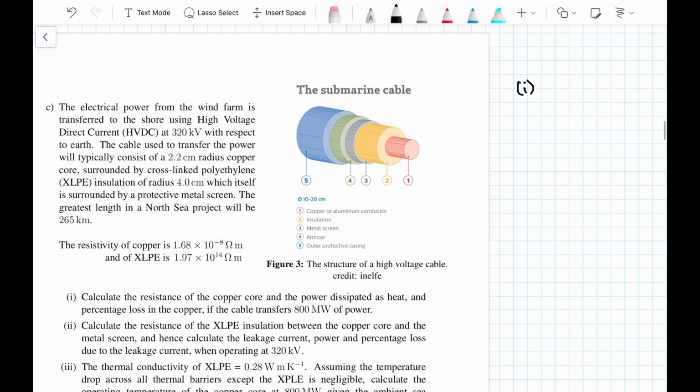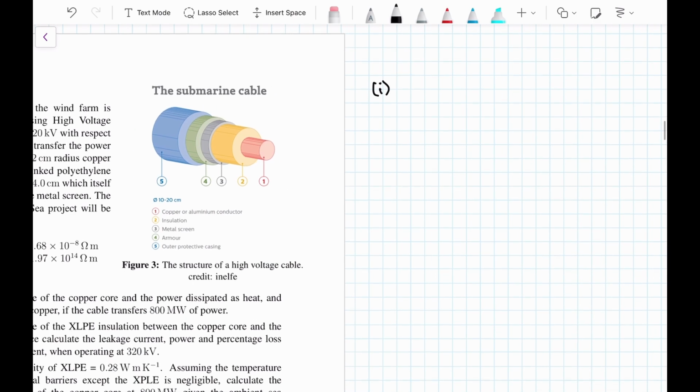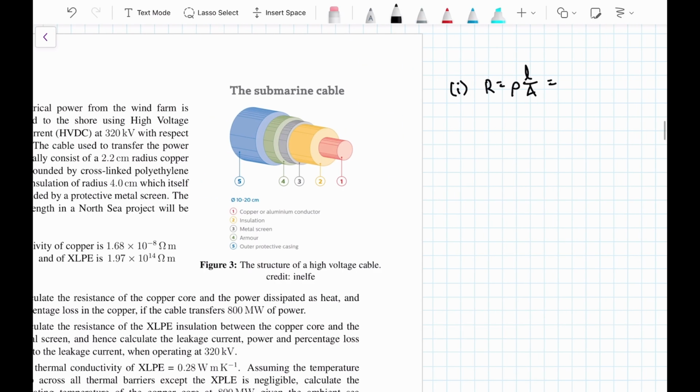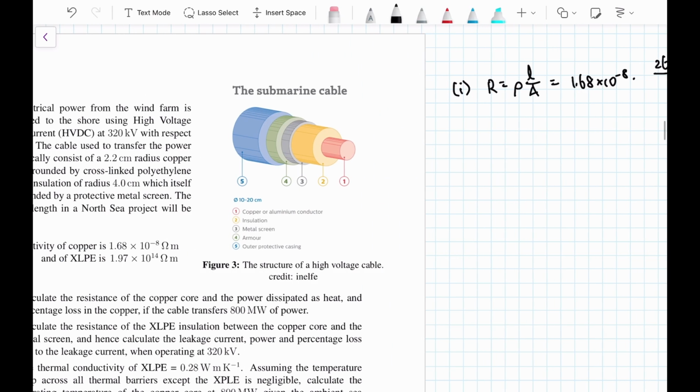So the resistance will be equal to the resistivity times L over A, which in this case is 1.68 times 10 to the minus 8, times the length, 265 times 10 to the 3, over the area.